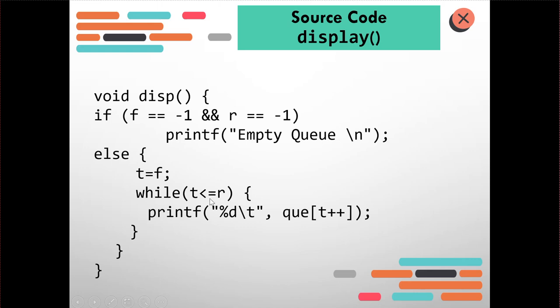Eventually the control will reach here with t as 5. Is 5 less than or equal to 4? No. So control would come out of this loop and out of this function, having printed all the values that we needed to print.